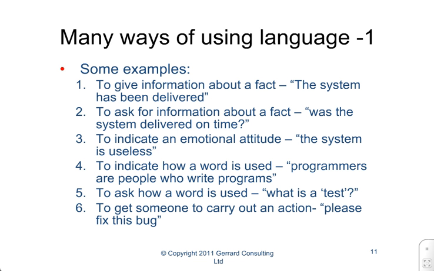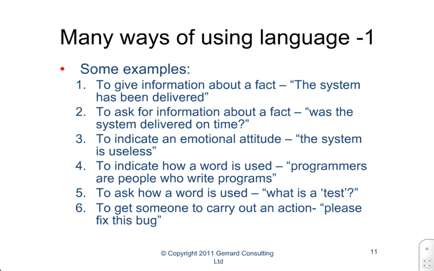So let's have a look at ways of using language, and we'll be familiar with all of these. We can use language to give information about a fact. We can ask for information. We can indicate an emotional attitude, and this is something that we really need to account for, and we'll go into emotional language a little bit later on. We can indicate how a word is going to be used.